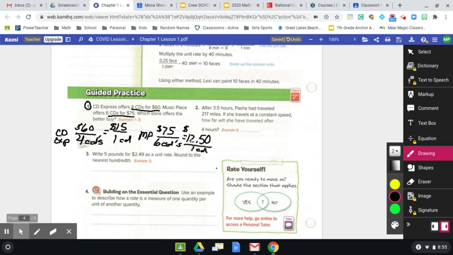Okay, so if you're looking for that better deal and you're comparing these two here, I would have to say, right, Music Place has that better deal. You're getting a cheaper or better buy at Music Place per one CD.